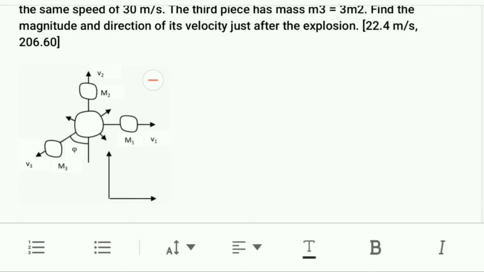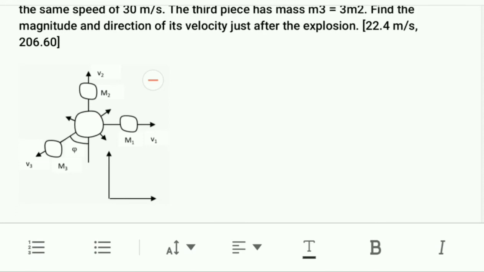So m3 is making that angle phi, which is shown there, with the negative y-axis. Now we have to find v3 as well as its direction.